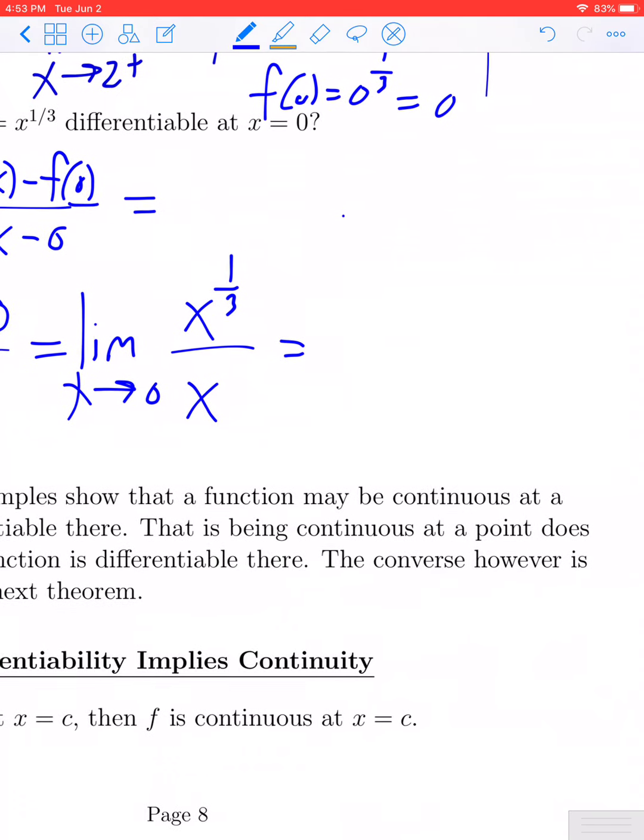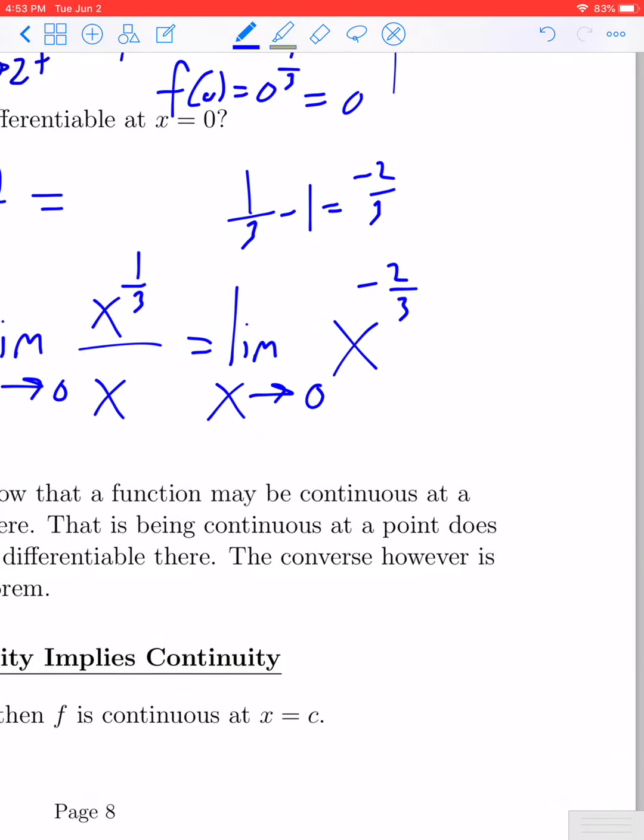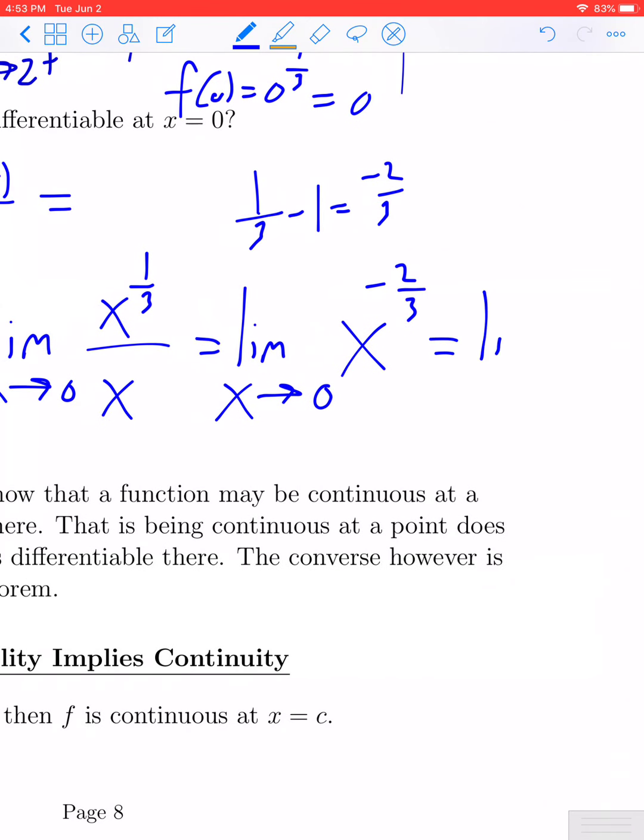This is division of like bases. You can simplify it by subtracting the exponents. This would give us x to the 1/3 minus 1, which is the -2/3 power. So this is equal to the limit as x approaches 0 of 1 divided by x to the 2/3.